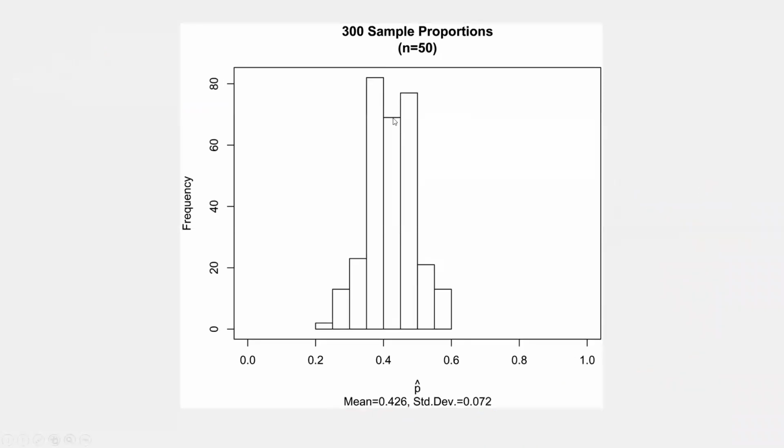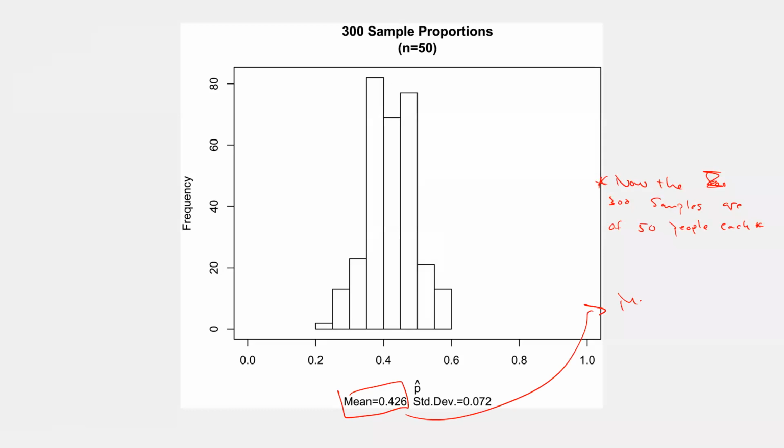So this is what it looks like with 50 people, so now the 300 samples are of 50 people each. Look, the mean is still really close to 0.42.